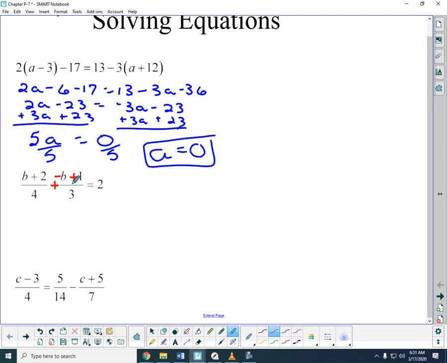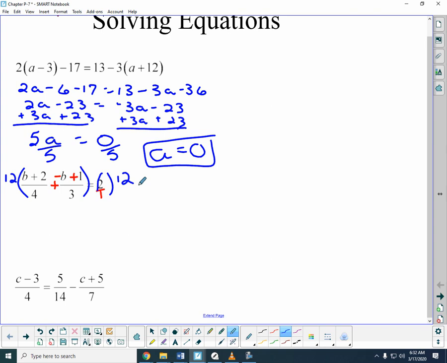Then, since I have an equal sign, I can multiply both sides by the same thing. What I'm going to multiply both sides by is the common denominator. The common denominator between 4 and 3 and 1 is 12. So I multiply both sides by 12.